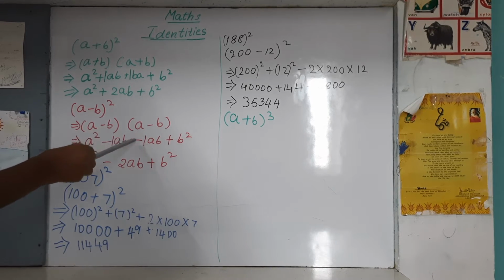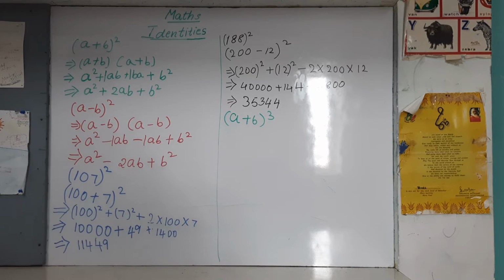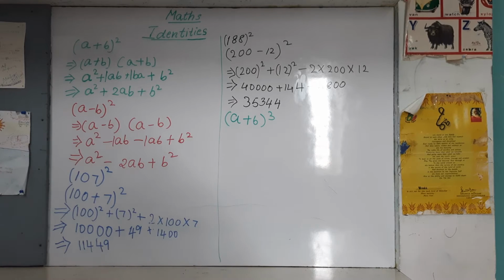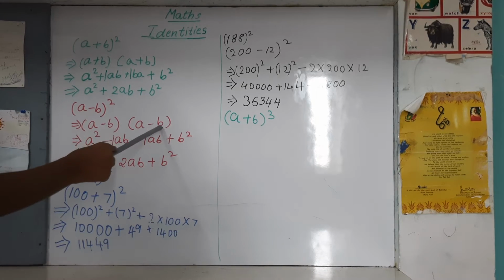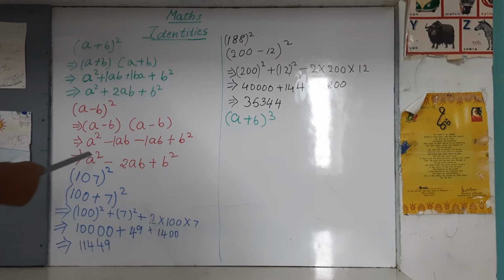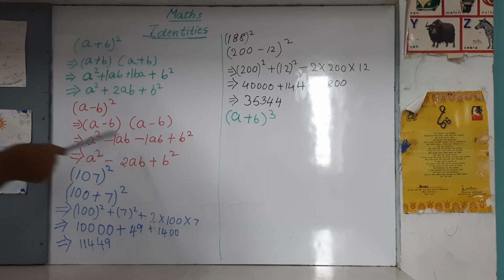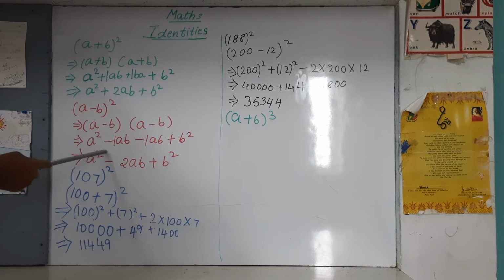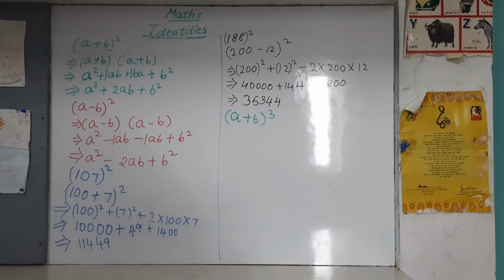Minus b into a is minus 1ab, or if you write it as minus ab, it is also correct if you omit that 1. And minus b into minus b is plus, because minus into minus is plus, so plus b square. Here we have these two like terms, minus and minus, so it will become minus 2ab. So a square minus 2ab plus b square.